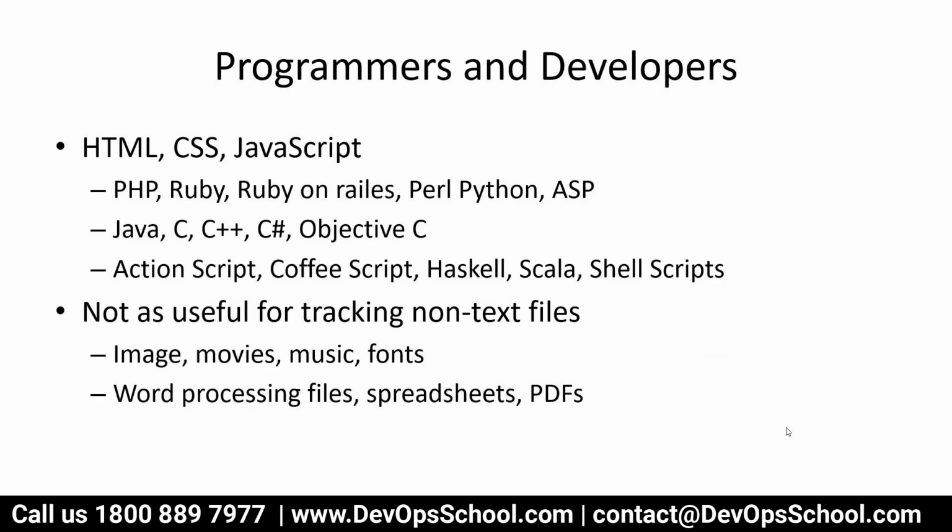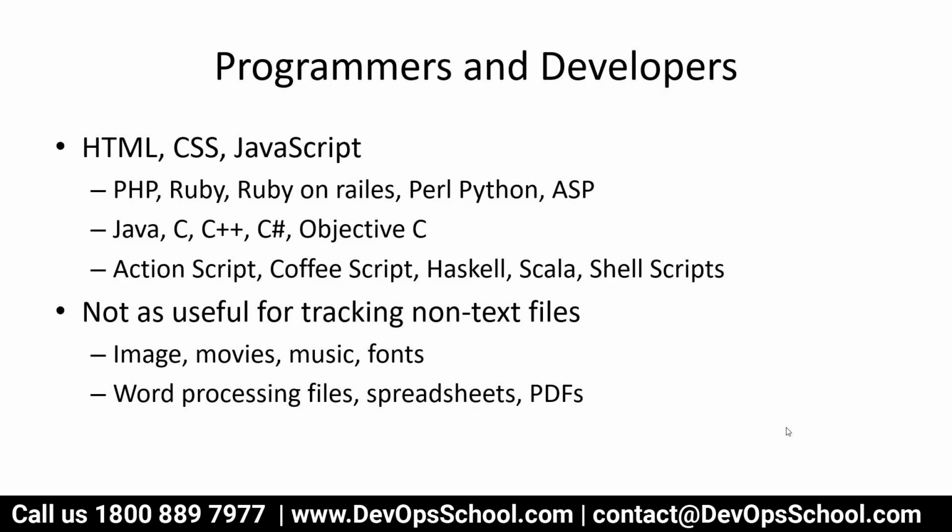Now, who can use Git? Let me tell you, anyone who wants to version their files can use Git. Most of the time, these files are source code which humans can read, such as PHP, Ruby, Java, and all these scripts. It's ideal for storing them in Git.